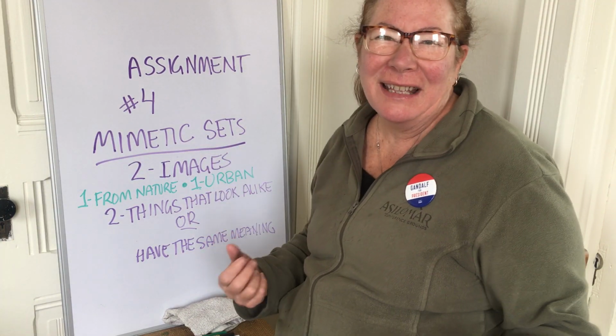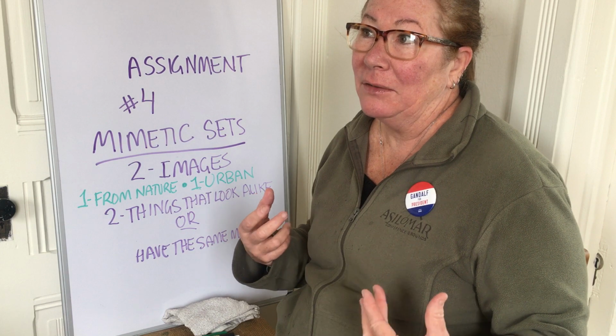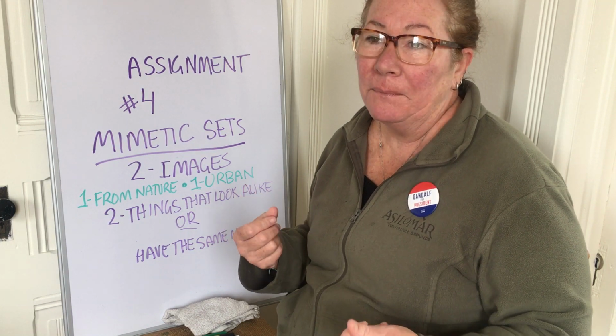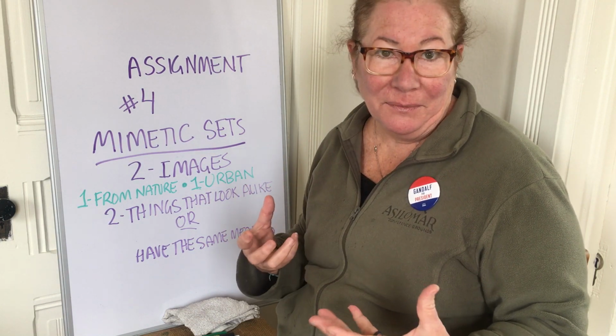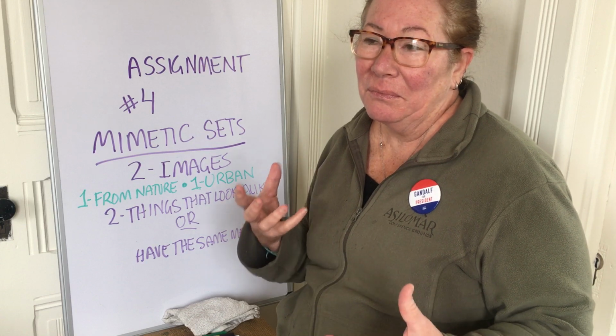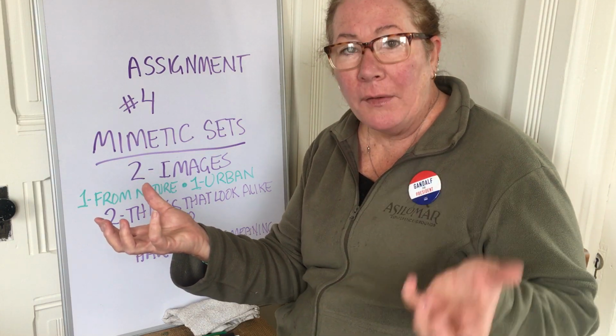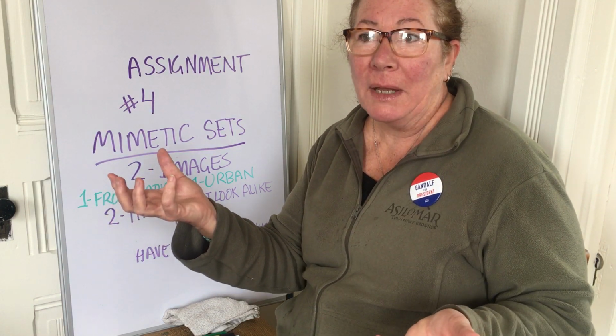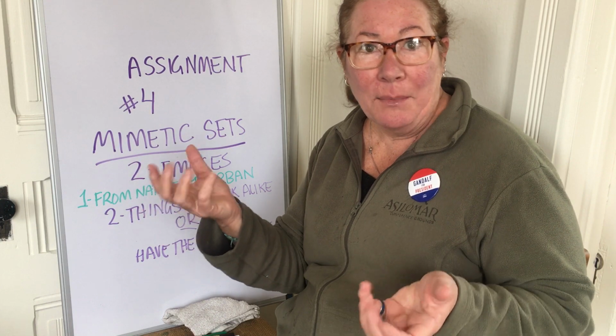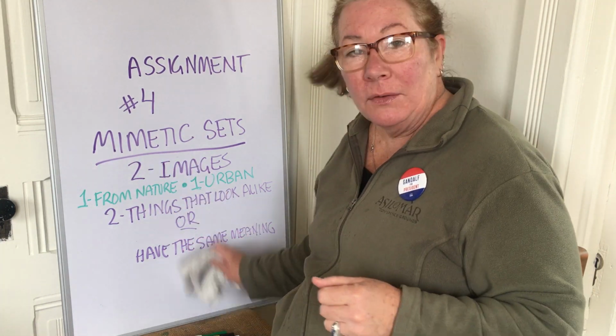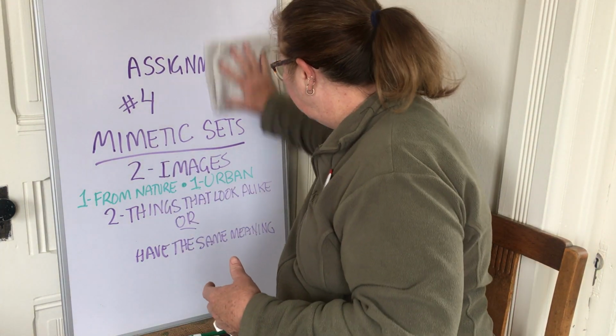So mimetic sets, mimetic means to mimic, to copy something, right? So you're taking one thing that's from nature, say, and you're pairing it with something that's urban that either looks the same or has the same meaning. So let's get right to it.